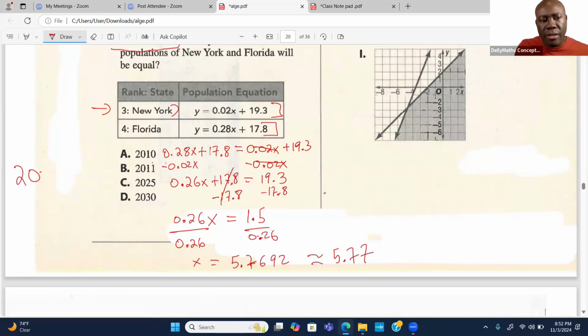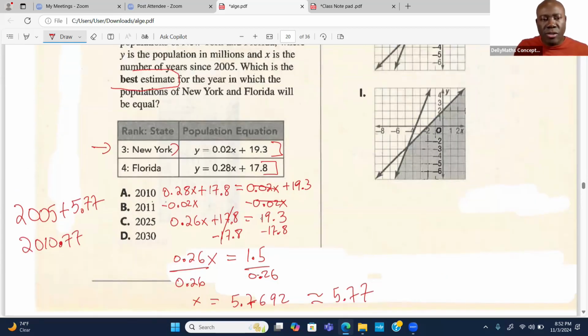So basically, we're saying 2005 plus 5.77, and this is roughly 2010.77. The question did say, what is the best estimate? As you could see, 2011 would have been the best estimate, because we're almost there. So that's the best estimate for it: 2011.